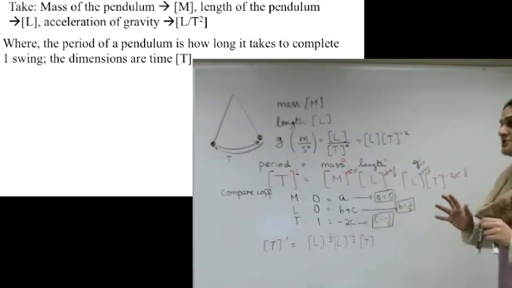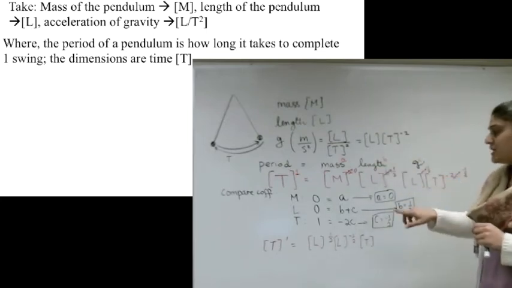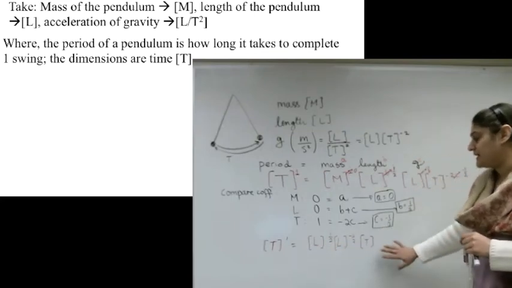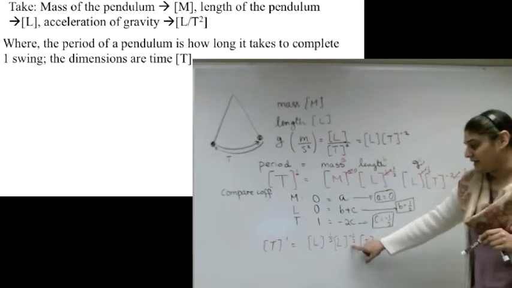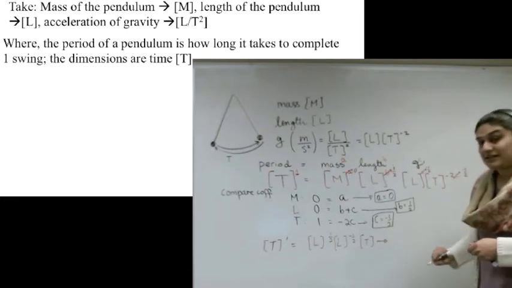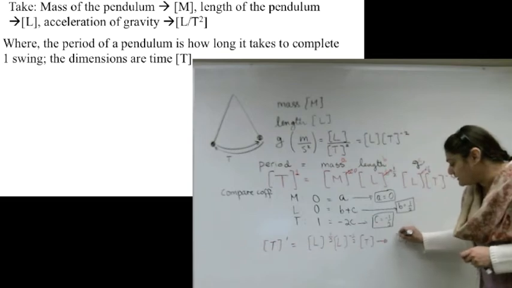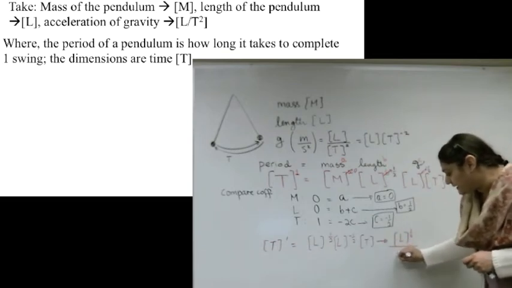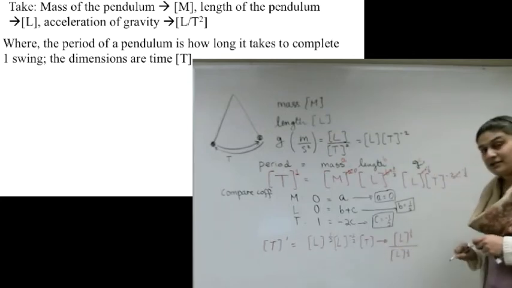Now, my original question was, how does the period depend on length and G? Okay, so take this half. What does that mean? That actually means that it is the square root of the number, right? And L as a minus half can go to the bottom. So I'm going to rewrite this again, in terms of L a half divided by L a half, right?